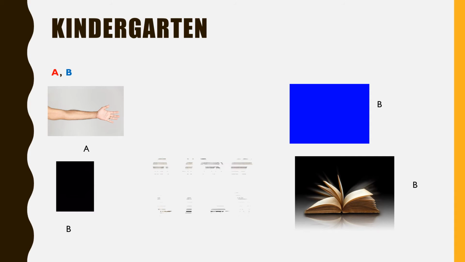B. All right. Animals. All of these are animals. Elephant, fox, zebra, they're all animals. Does that start with A or B? A. Okay.